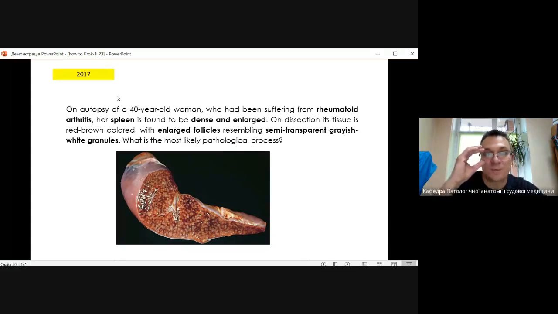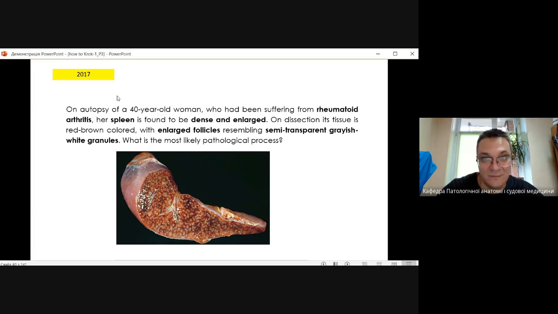Next question, an autopsy of a 40-year-old woman who had been suffering from rheumatoid arthritis. Her spleen is found to be dense and enlarged. She already started to answer, sago spleen. Yeah, sure. The key word is there are enlarged follicles resembling semi-transparent grayish-white granules, and they are composed of amyloid masses.